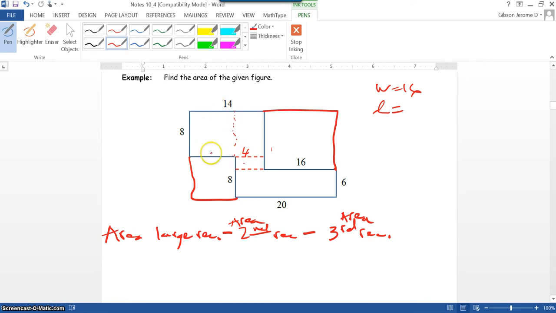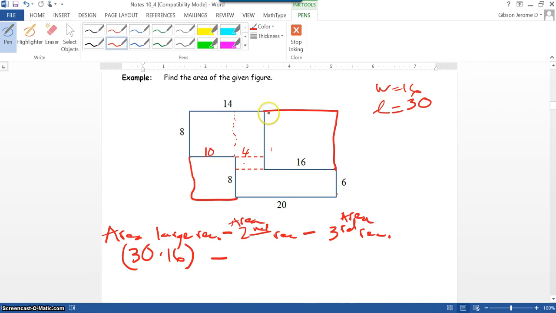So then from here to here would be another 10. Okay, so now if we look here, this would be 20 and 10, which will give us 30. So our length will be 30. So the area of the large rectangle is 30 times 16.